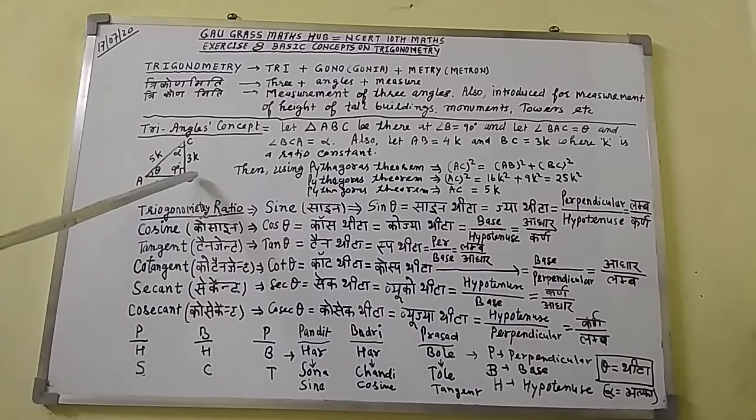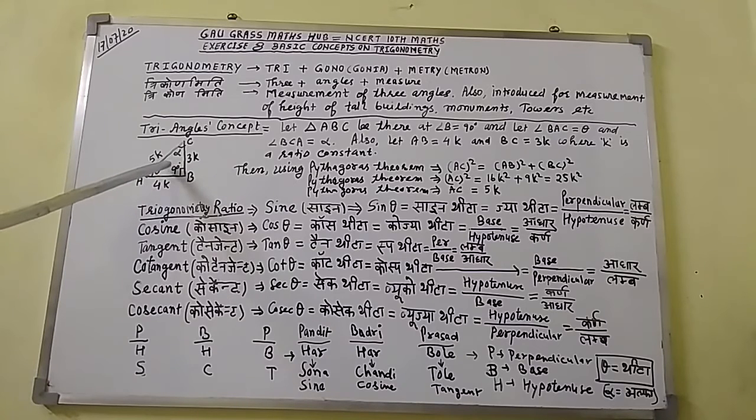Because with respect to alpha, BC is the adjacent side and AB is the side opposite to angle alpha. AB is known as perpendicular and BC is known as the adjacent side with respect to angle alpha.